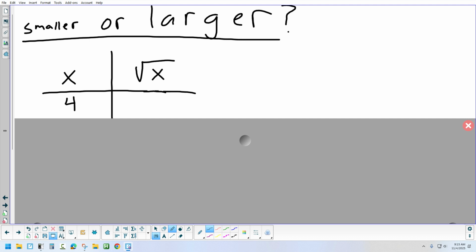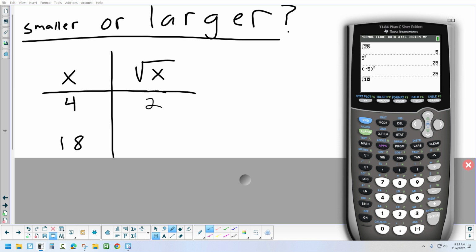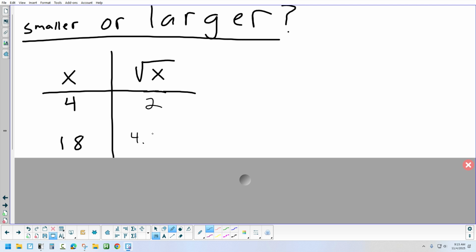Let's say principal root. 2. Did it get smaller or larger? It got smaller. Let's try another one. This is not a perfect square, so let's just use the calculator. Square root of 18. Well, that got smaller again, 4.24. So it seems like, at least with the examples I've done, when you take a square root, it gets smaller.